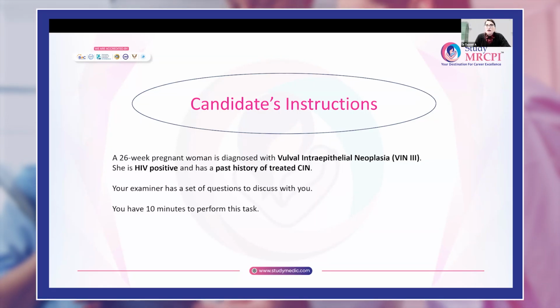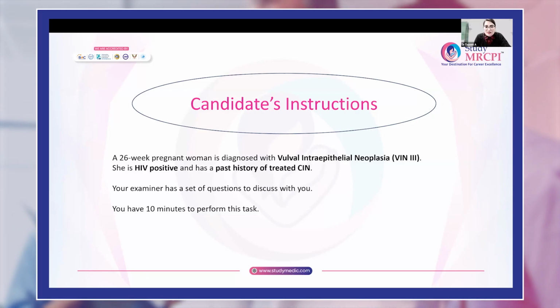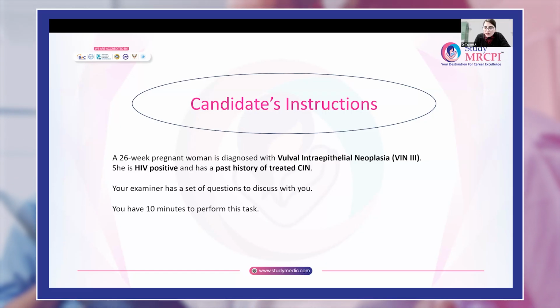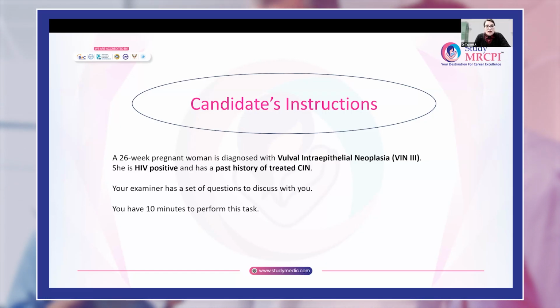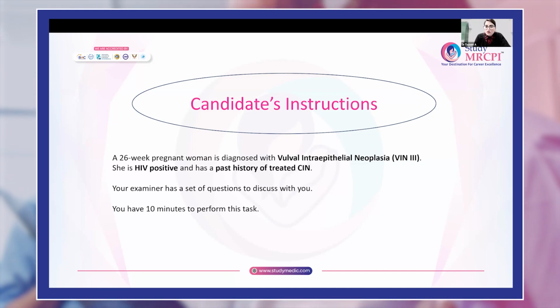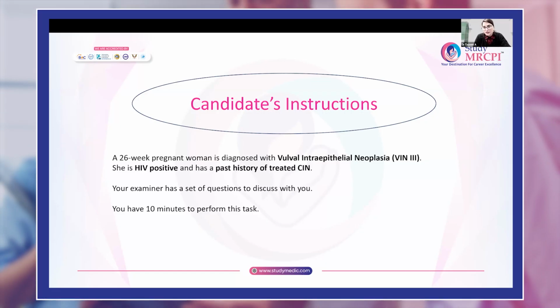This can be condyloma acuminata, squamous cell carcinoma, or lichen sclerosus as well. And this can be any other vulval dysplasia, which can be the reason for this lesion in the vulva.